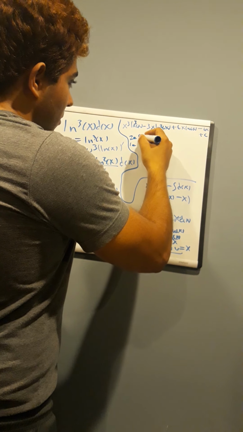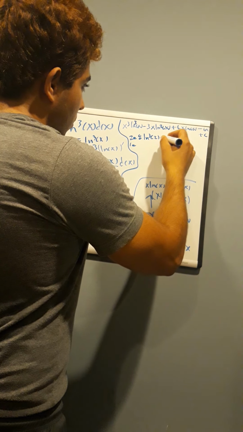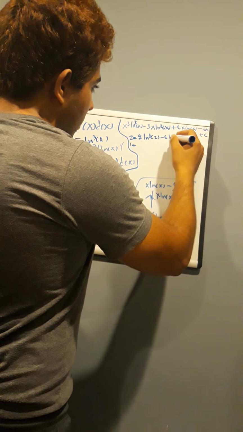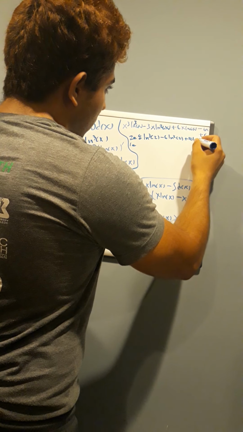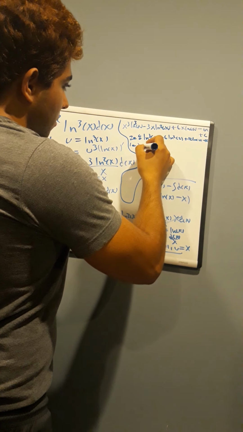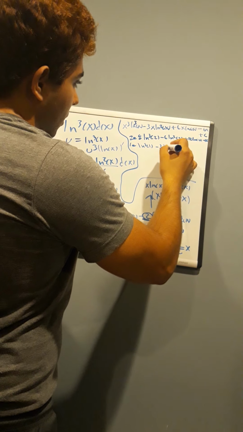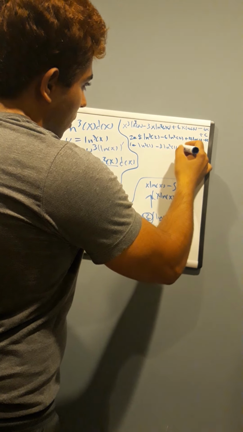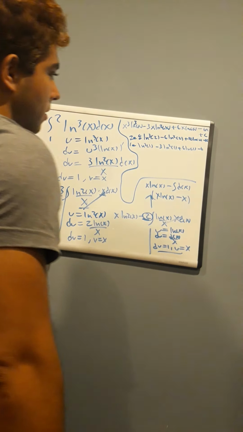So this is going to be 8 ln cubed 2 minus 6 ln squared 2 plus 12 ln 2 minus 12. Then this is going to be ln cubed 1 minus 3 ln squared 1 plus 6 ln 1 minus 6.